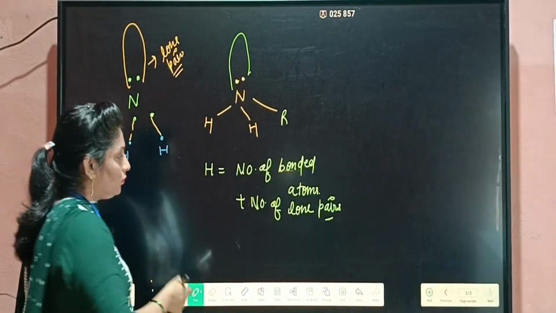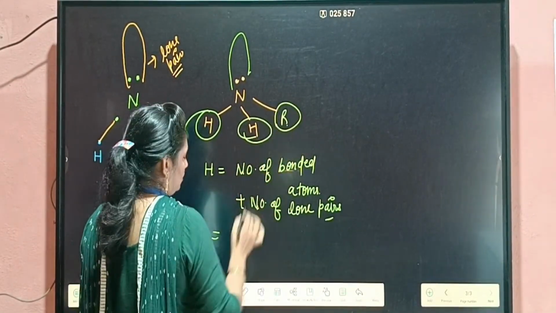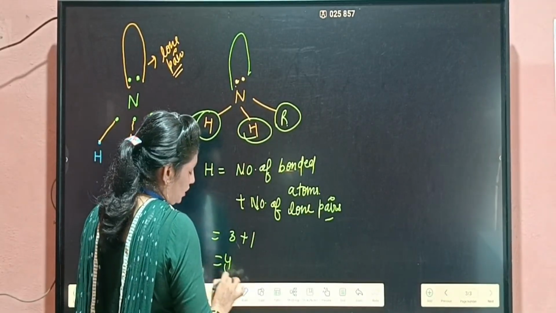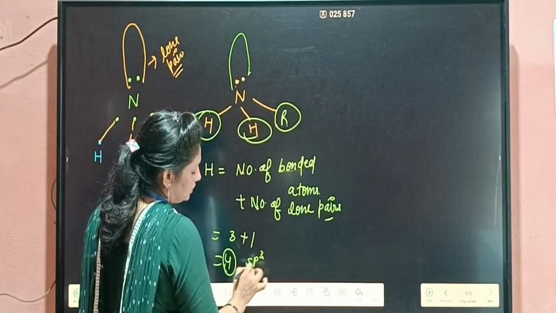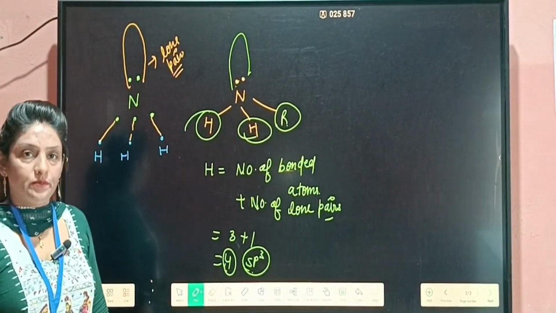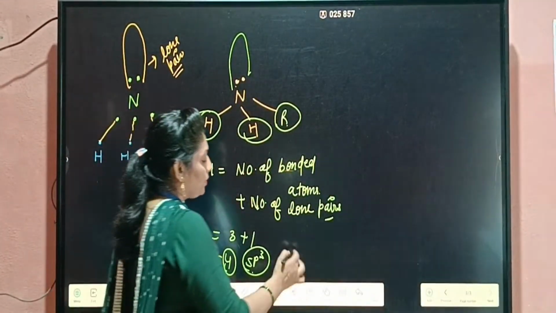Clear? So bonded atoms, in this also there are 3: 1, 2, 3, plus one lone pair, so 4. If this sum is 4, then hybridization will be sp3. So here also hybridization is sp3. Here also 3 bond pairs, 1 lone pair, so the structure will be pyramidal.